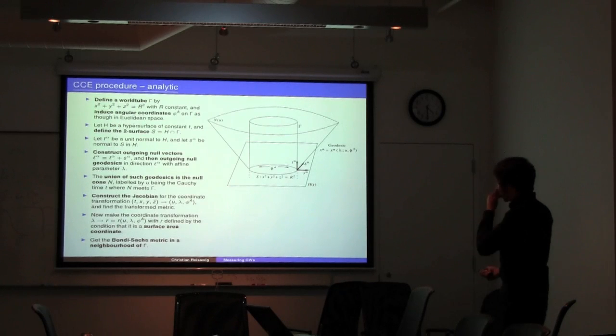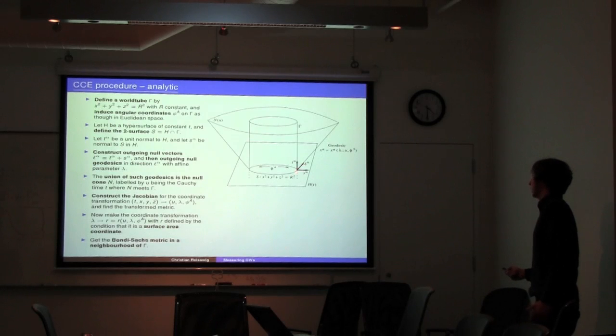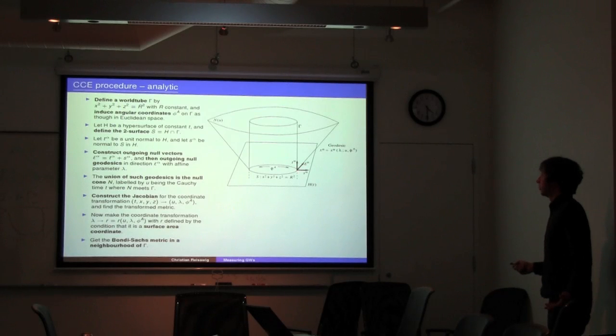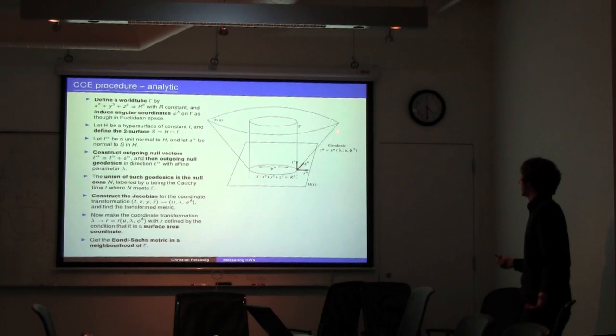And then we construct the normal vector to the spatial hypersurface, the normal vector with respect also to the spacetime metric, to this coordinate sphere here. And from this we can construct outgoing null vectors, which induce our outgoing null geodesics, parameterized by some affine parameter lambda. And the union of all these outgoing null rays will then be the null cone in which we solve the characteristic equations.